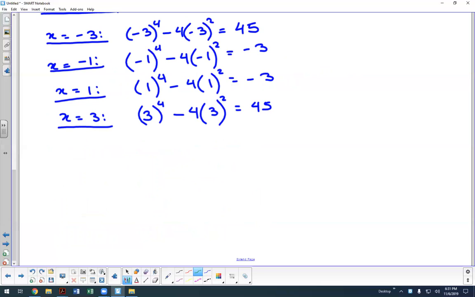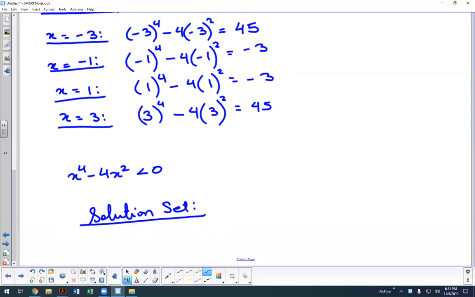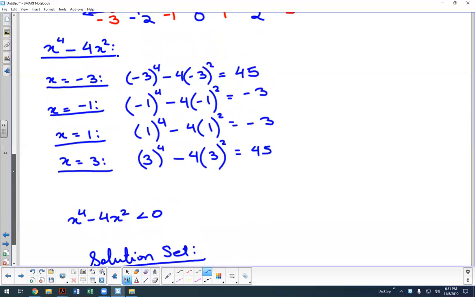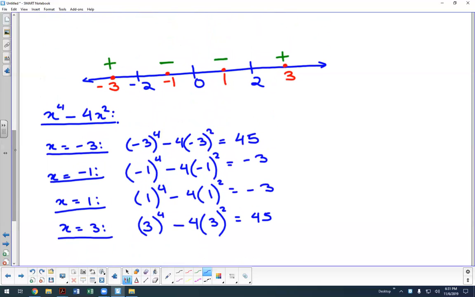So we've got our inequality as x to the 4th minus 4x squared, which is less than 0. So what will that solution set be based on our little number line here from the test point method? If your inequality is less than 0, which intervals should we be looking at?